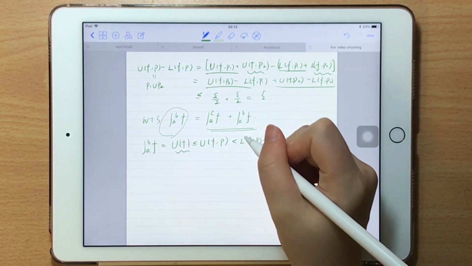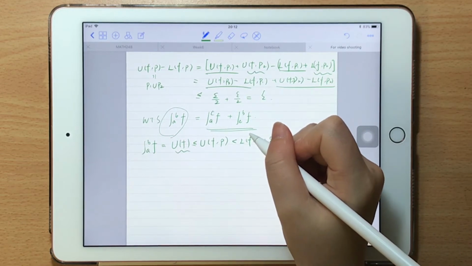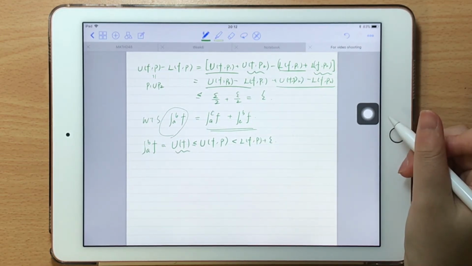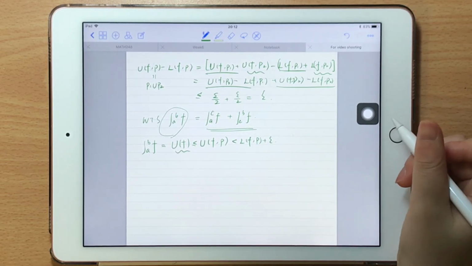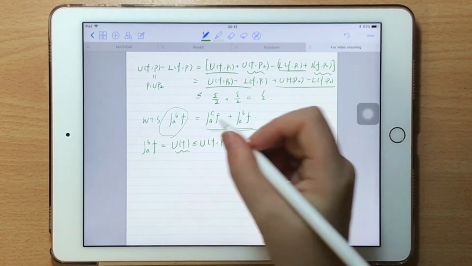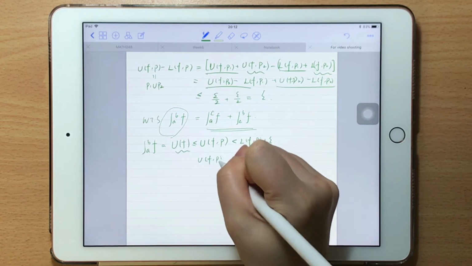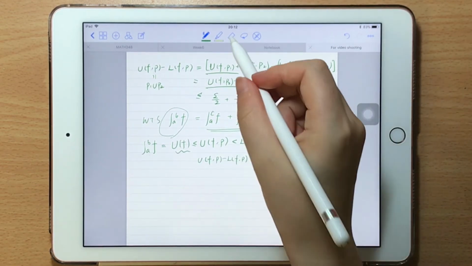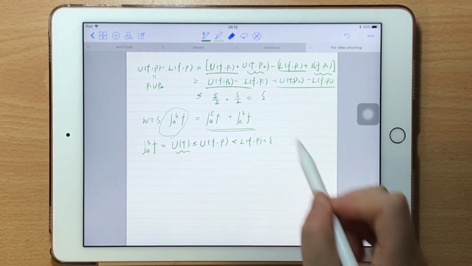This is the property of the upper and lower sum: U of P minus L of P is smaller than epsilon, the definition of integrability, right?